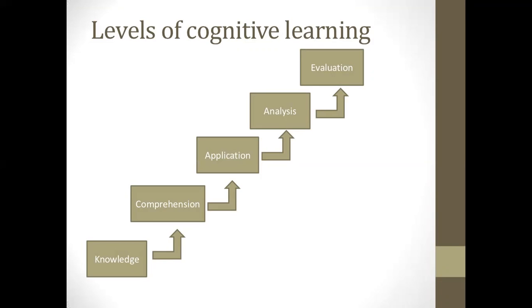So in that case, you need to consider the use of verbs like show, apply, interpret, decide, respond to, illustrate, demonstrate, dramatize, or even the word use itself. So these are the appropriate verbs to be used once you are dealing with this third level of cognitive learning, and that is application.